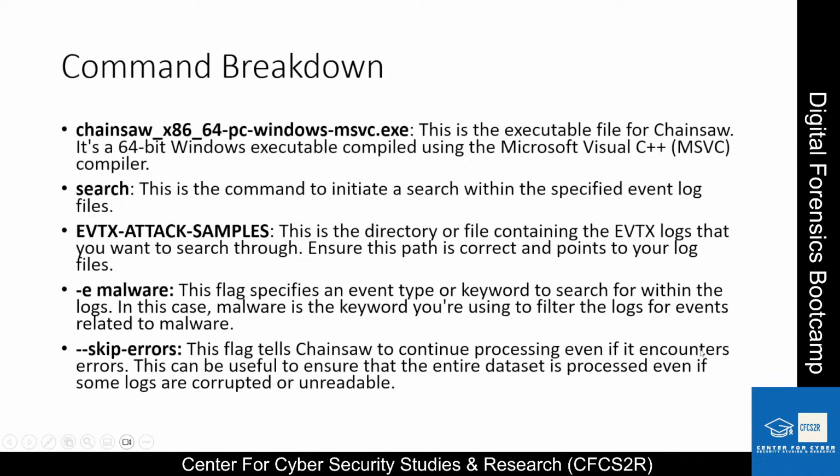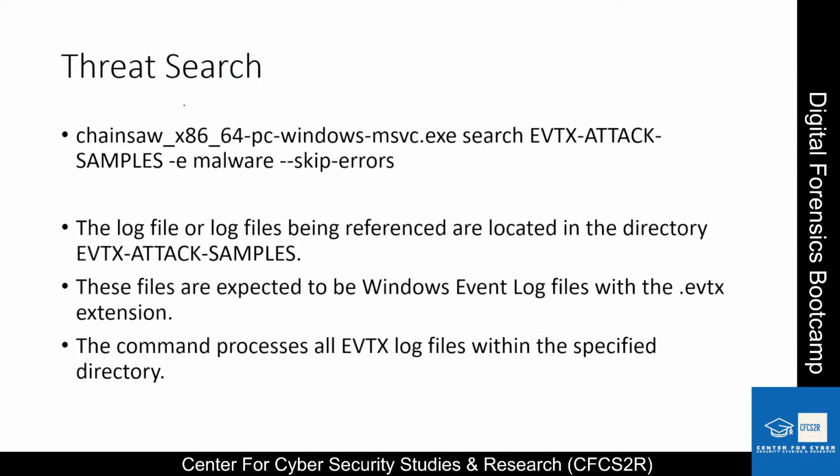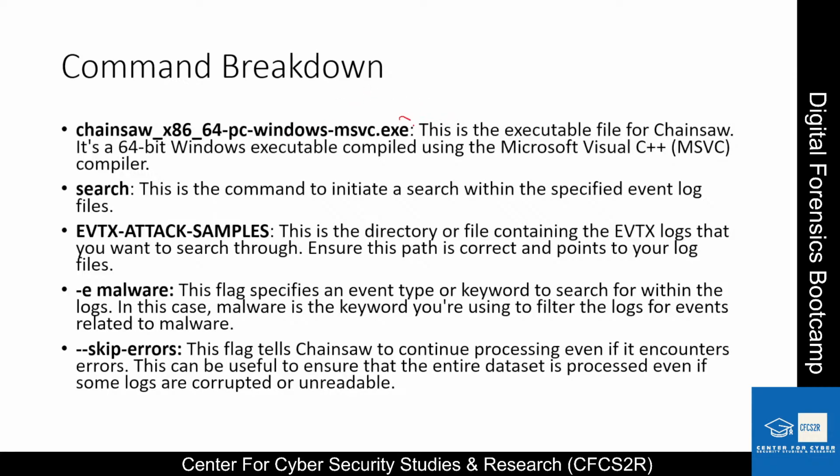So if you see this particular command, this is the executable, .exe. Search: what does search mean? This is a command to initiate a search within the specific event logs.